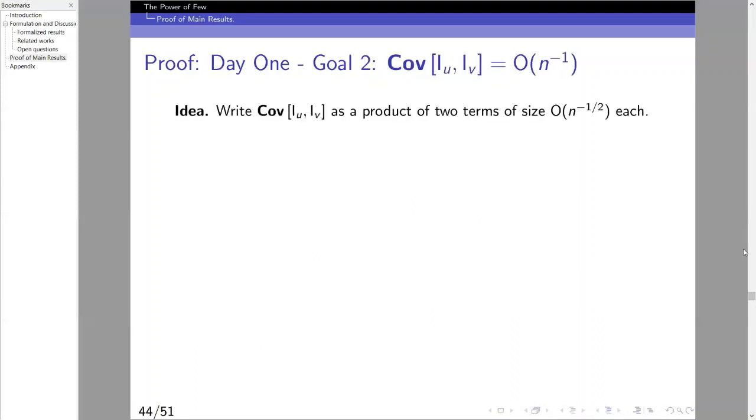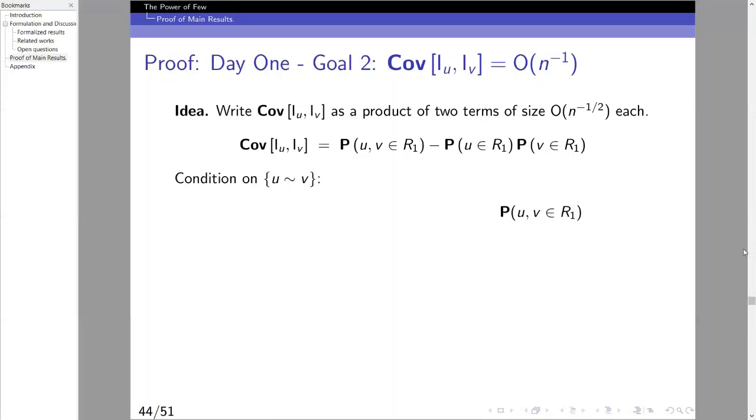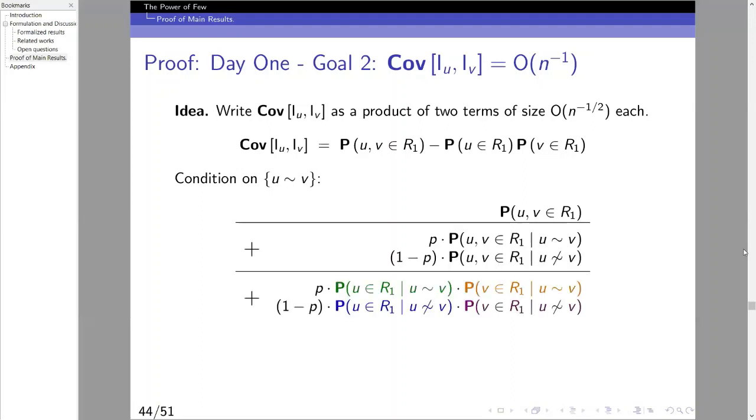For the second goal, we want to write the covariance as a product of 2 terms of size 1 over square root of n each. We'll use a standard definition first, and then conditioning on the adjacency between U and V, we can break the first term, which is the probability that both turn red, into 4 terms, A1, A2, and B1, B2.